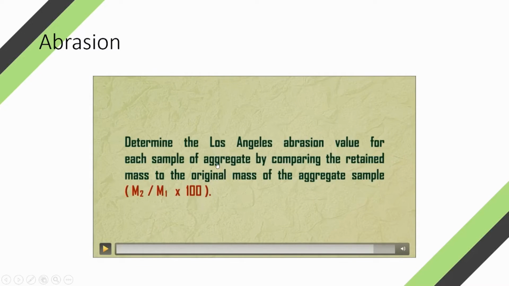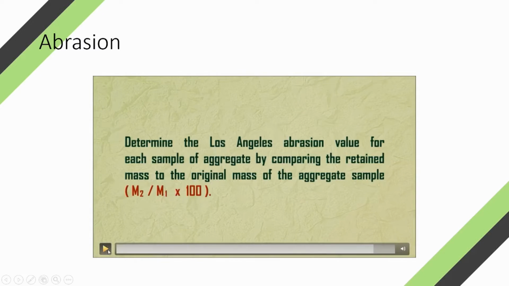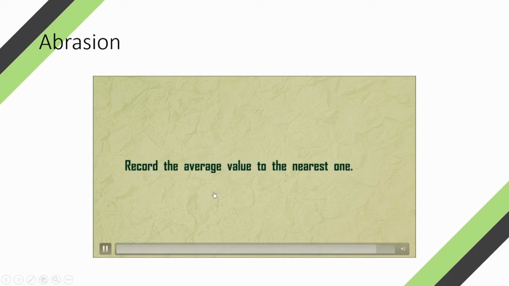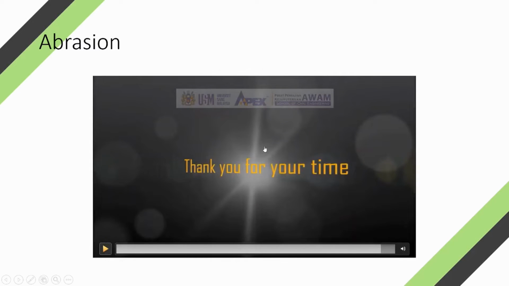So, ito yung formula niya, yung retained mass to the original mass ng ating sample. So, M2 over M1 times 100. Record the average value to the nearest one. So, yan yung ating abrasion test.